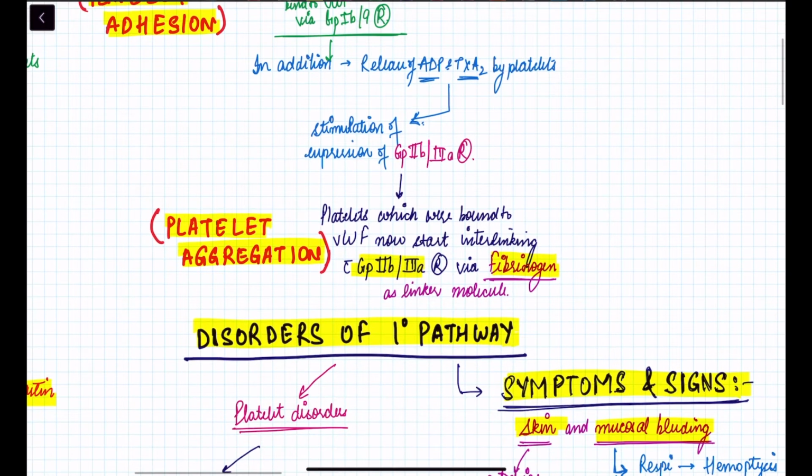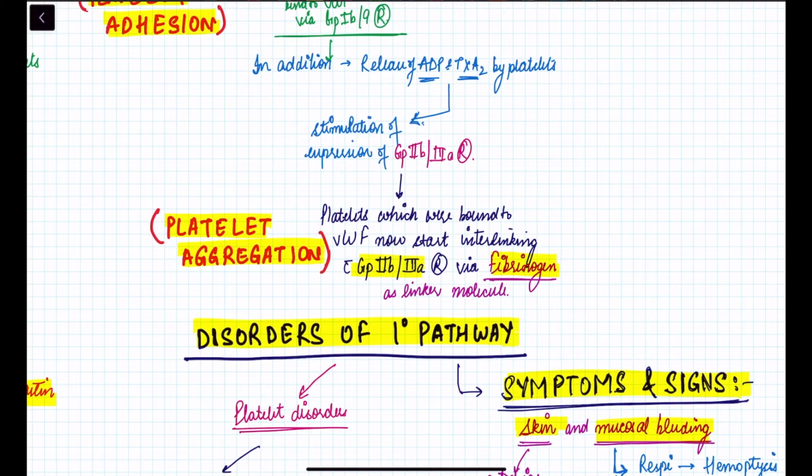Now the platelets bound to von Willebrand factor start interlinking with one another, and with other platelets in the circulation, via this GP2b3a receptor, and the linker molecule is fibrinogen. So this pathway stops here at the fibrinogen level.